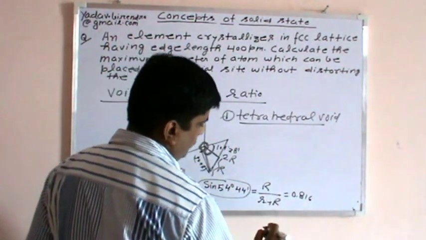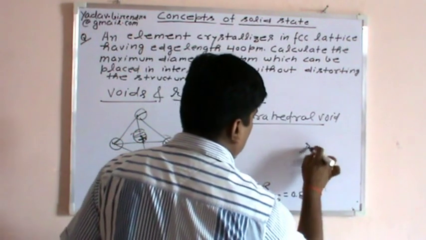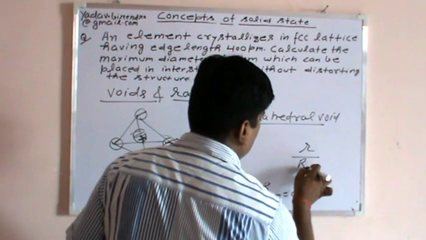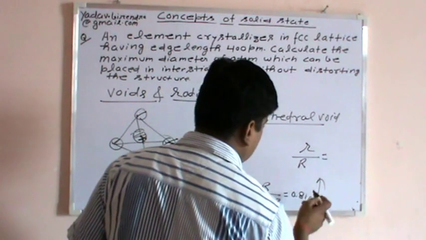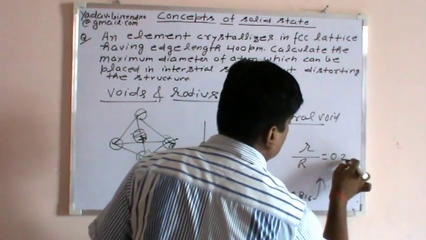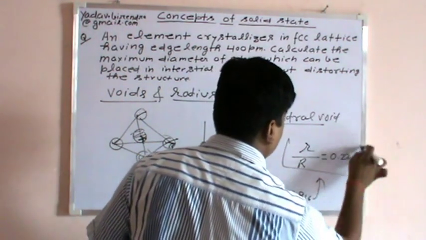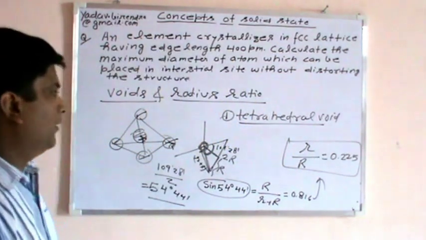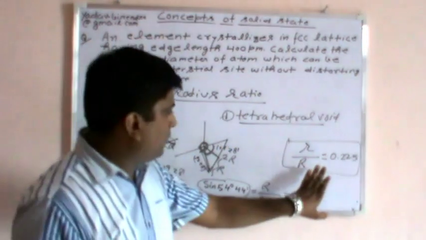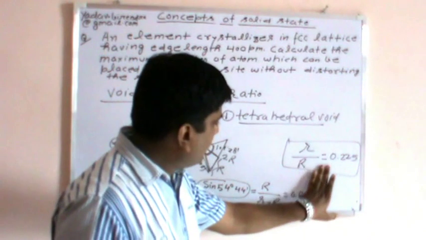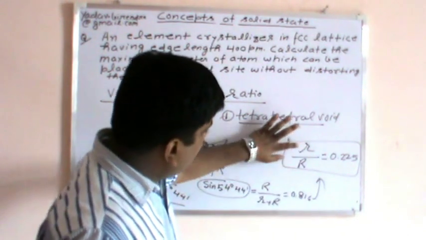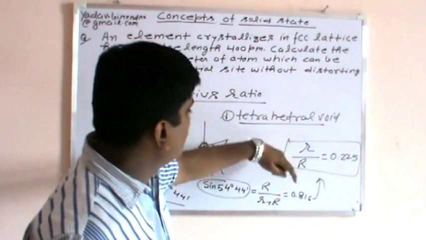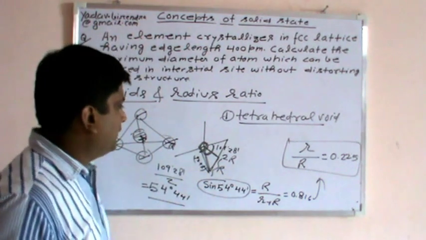Now from here, if you want to find small r upon capital R, this comes approximately 0.225. So this will help us in finding the size of the atom which can be placed inside the tetrahedral void.